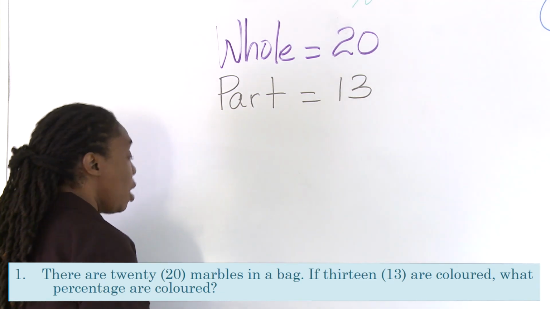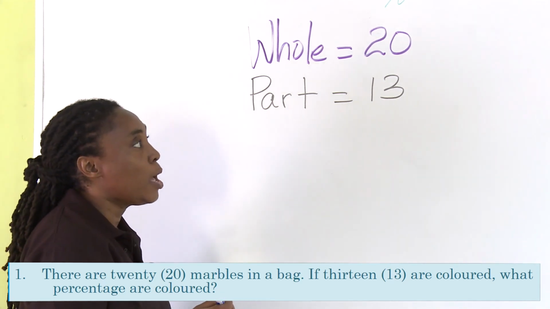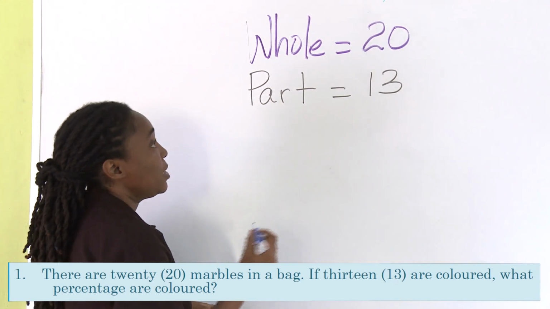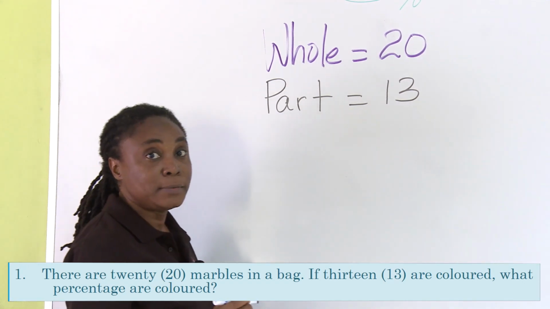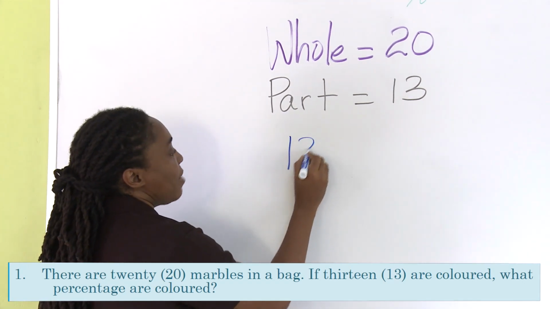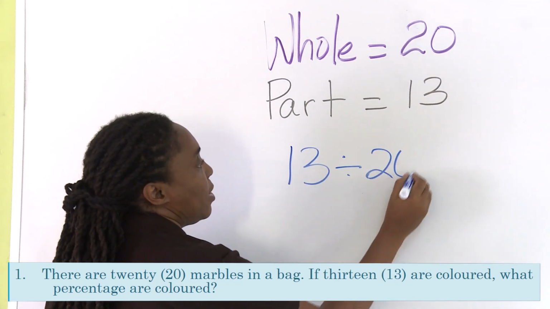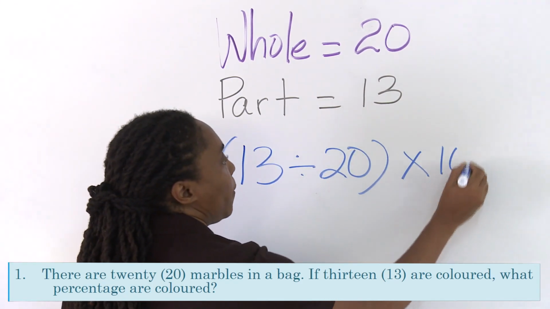We're going to follow our formula: part divided by whole multiplied by 100. Our part is 13. Agree with that? So we have 13 divided by 20, and then we're going to multiply that by 100.